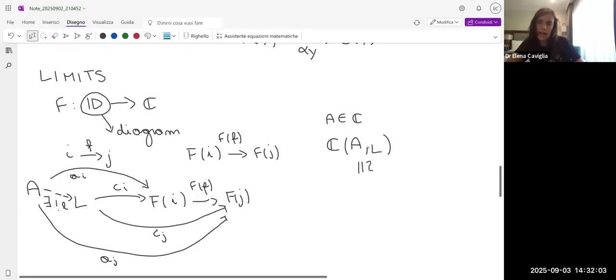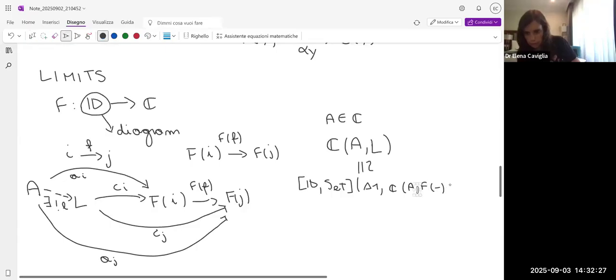But this is a set, so we just mean that it is in bijection with this other set that I'm going to explain in a minute. Okay.